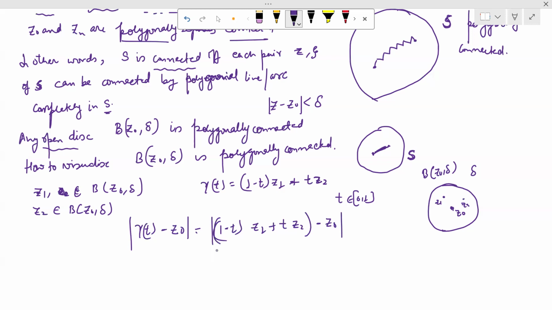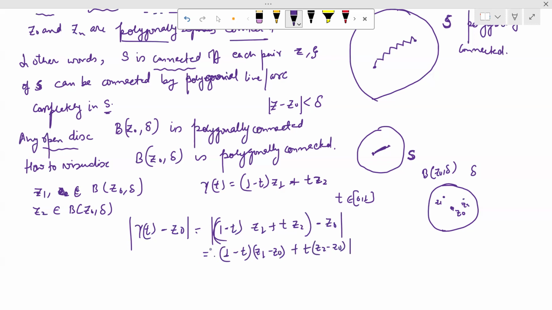Is that clear? Now think about this. Can I write this way: (1 minus t)(z1 minus z0) plus t times (z2 minus z0)?